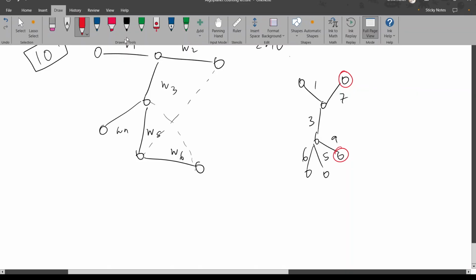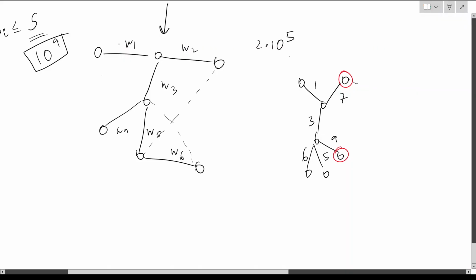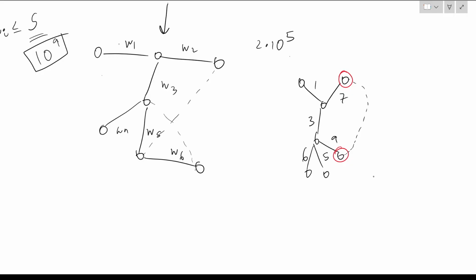And let's say I'm potentially adding an edge between the two of these. What possible values could this edge weight have? Remember, the original tree must remain the minimum spanning tree.